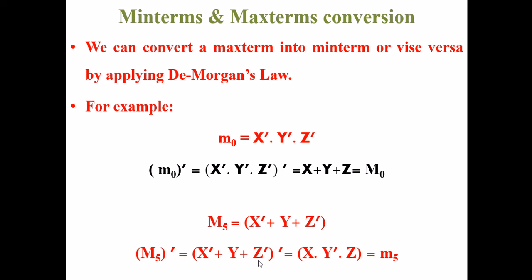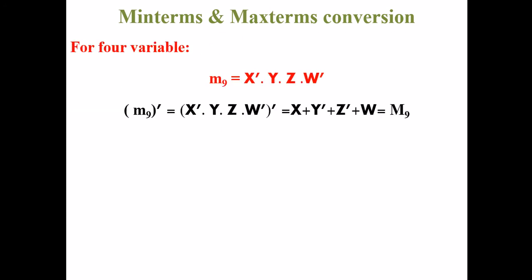Then z complement is replaced with z. If you look at the table, you will get minterm m5. So this is an example related to 4 variables.